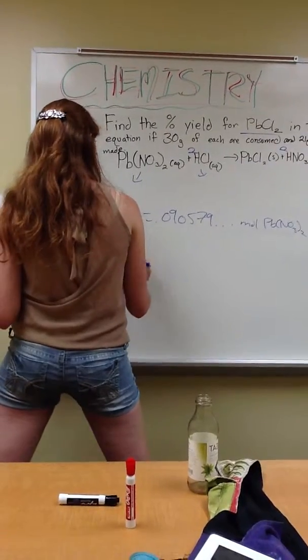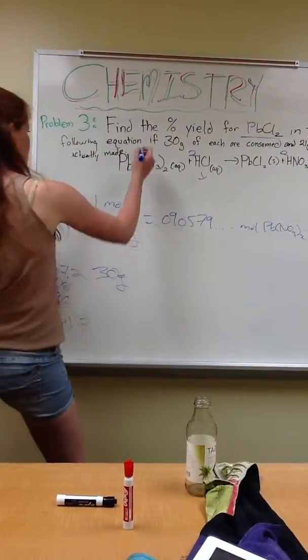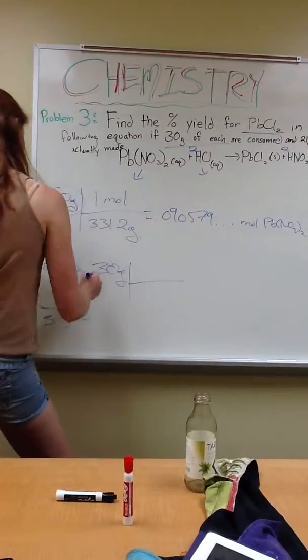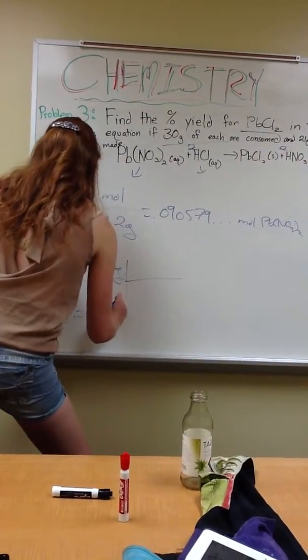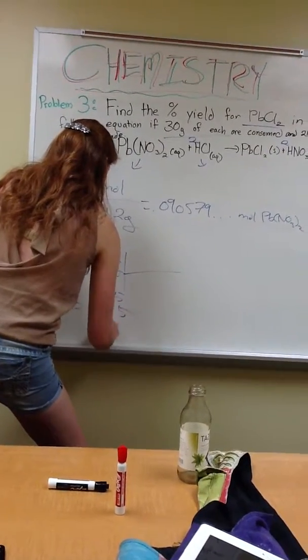The next one we have is HCl. So we still have 30 grams. As the problem tells us, we have 30 grams of each. And then for HCl, a little easier, because it's 35.5, and then plus 1.